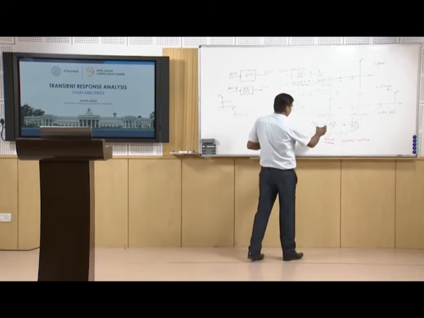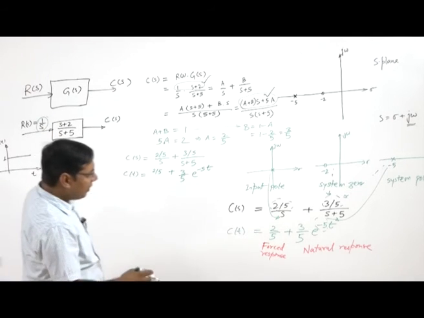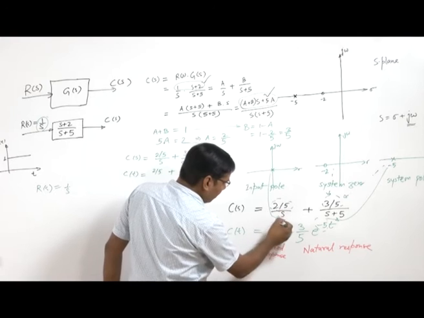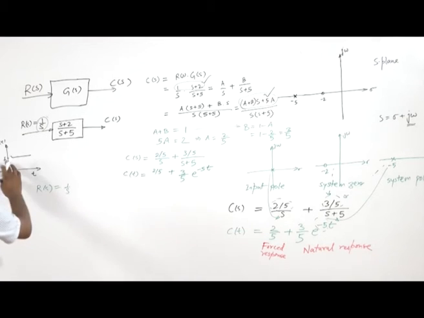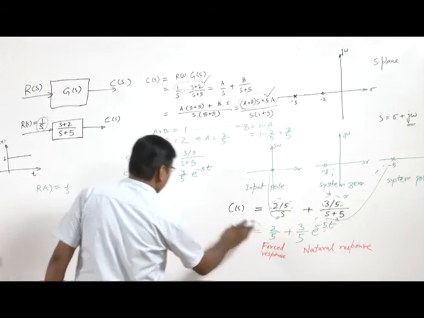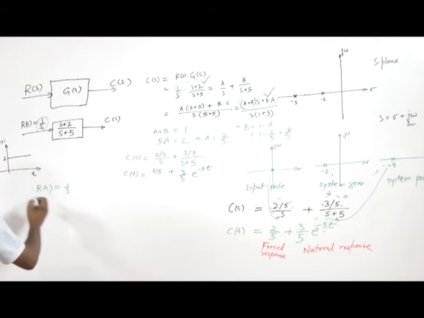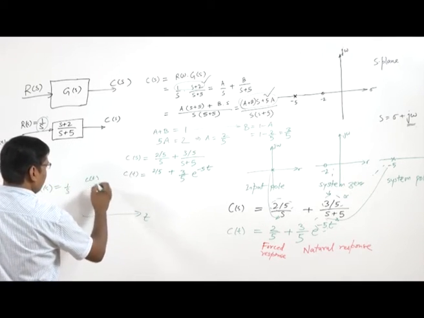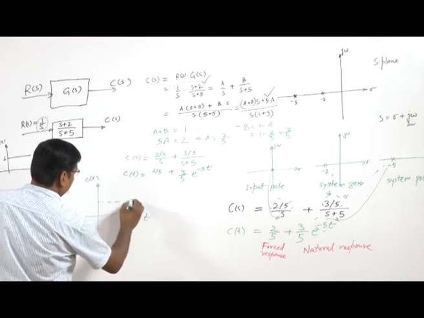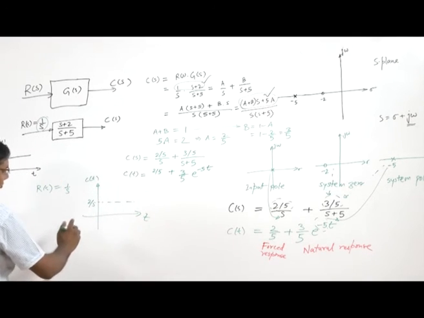Because the input was a unit step input 1 by s, it generated a response of the form 2 by 5 by s. Input was unity and the output c(t) is 2 by 5, and the input was 1.